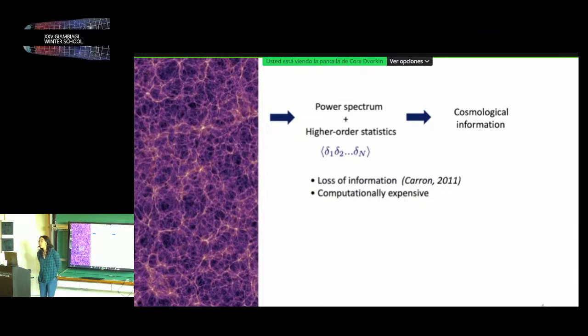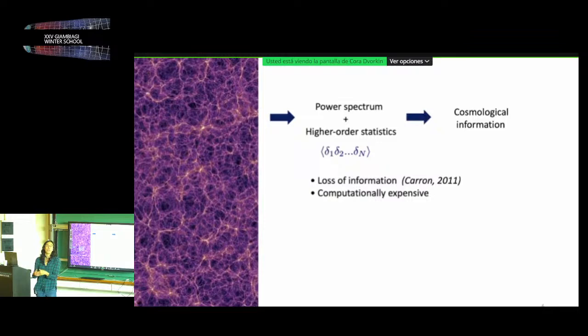Another well-known disadvantage is that it rapidly becomes computationally infeasible once you start going to higher and higher point functions. For the bispectrum, for example, you have to measure the triangles in the sky.